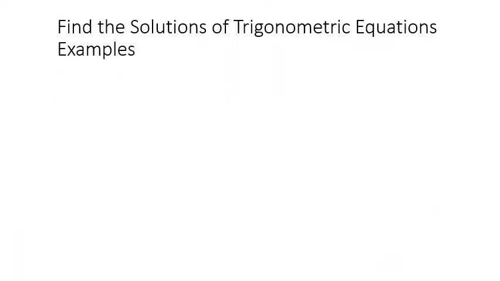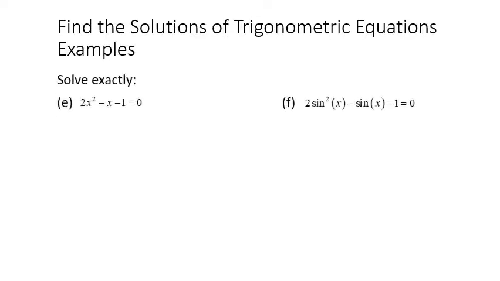All right, let's look at 2 more examples. This one here, the first letter E, comes straight from what you would have done in Math 65 and 95. If we were solving this quadratic, we would factor it and set it equal to 0. So when I factor this, we get a factor with minus 1 and a factor with plus 1.